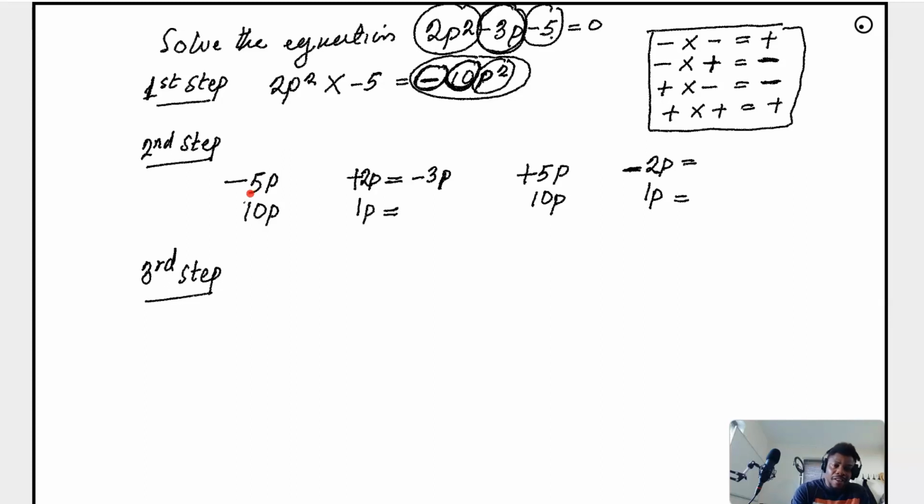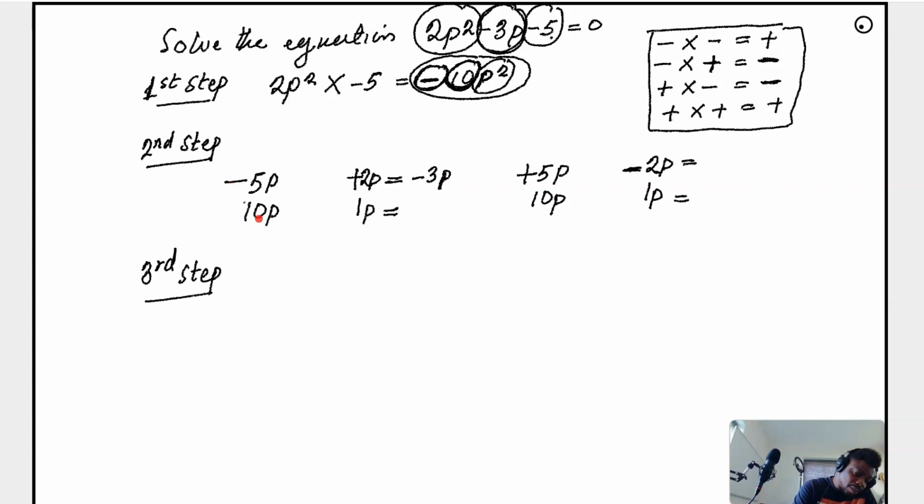So minus 5 means you owe $5, and plus 2 means you have $2. When you pay the 2 that you have, you are still owing 3. So that is minus 3p.